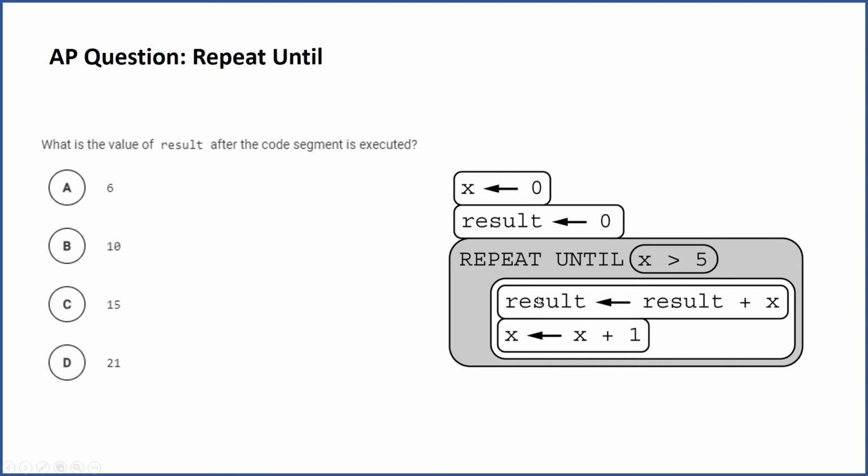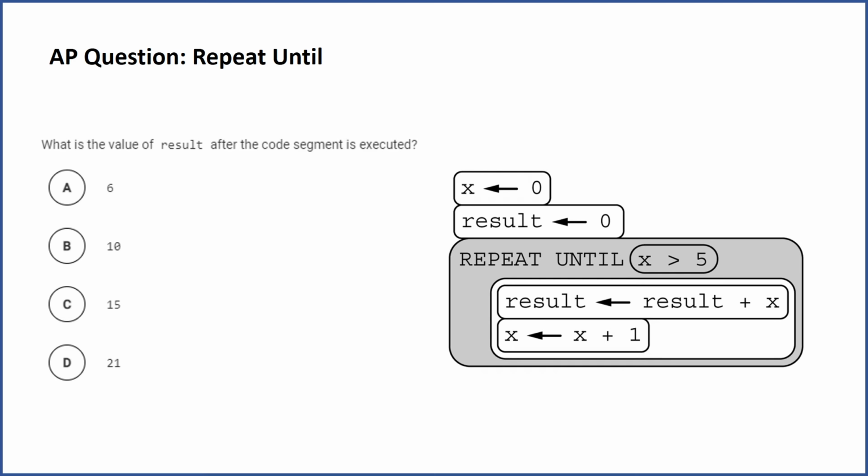So now result is 1. We add 2. Each time, we're adding the next number all the way up to x greater than 5. So 1, 2, 3, 4, and 5 will get added. So the answer should be 1 plus 2 plus 3 plus 4 plus 5.